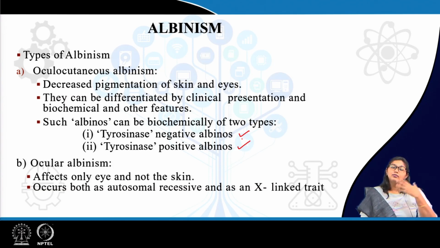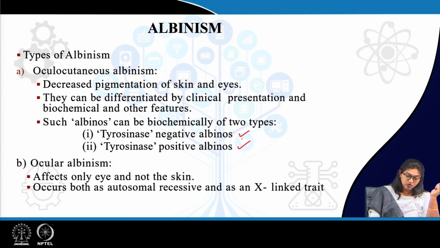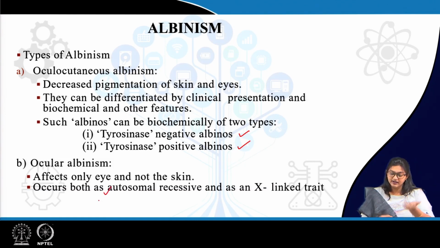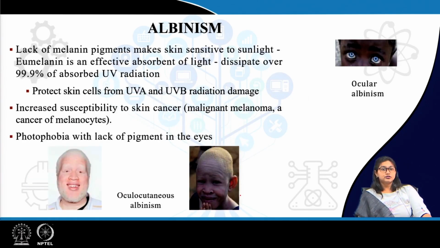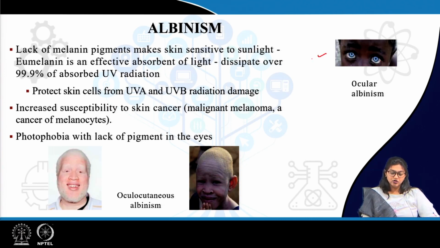Ocular albinism is the manifestation in the eye. Now, remember ocular albinism can be autosomal recessive as well as X-linked. So, here are the manifestations of albinism. Ocular albinism you can see, also oculocutaneous albinism, gray hair, white skin. So, these are the manifestations of hypomelanosis.